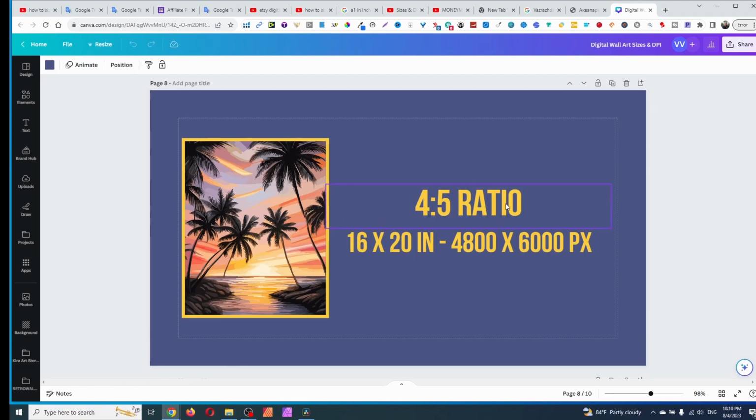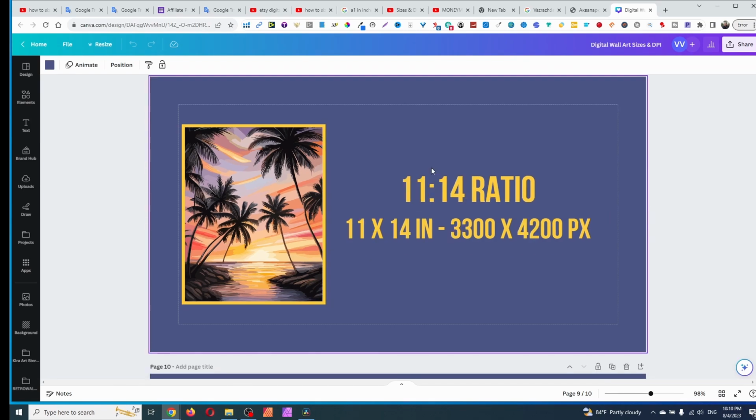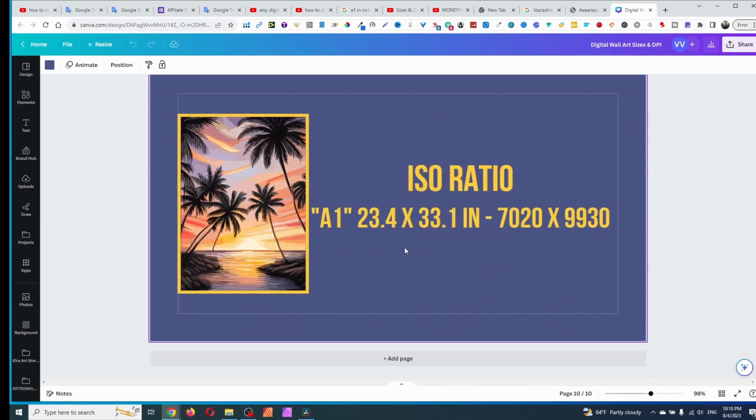For the 4 by 5 ratio we have 16 by 20 inches, and in pixels this is going to be 4800 by 6000. The 11 by 14 ratio is going to be 3300 pixels by 4200 pixels.